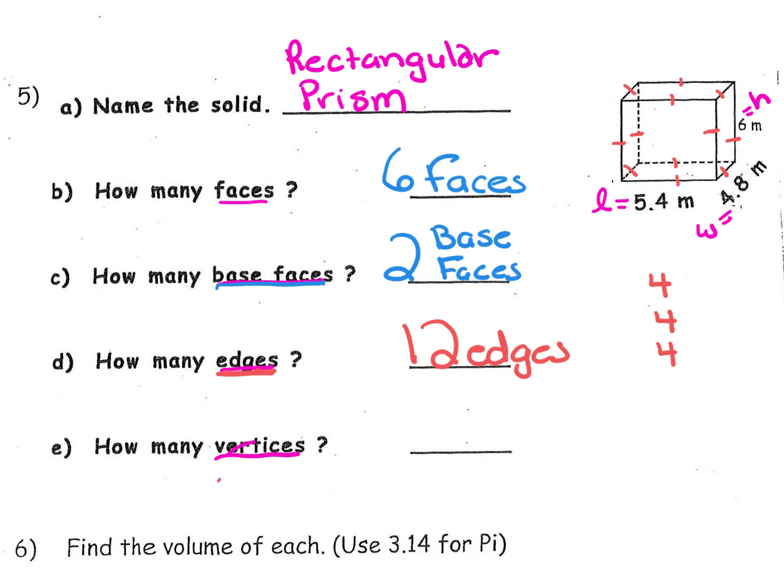And lastly, vertices. Please make a dot along with me for every vertex. We have 1, 2, 3, 4 on top, and on the bottom we also have 4. So 4 plus 4 means we have 8 vertices. Let's move on to the next problem.